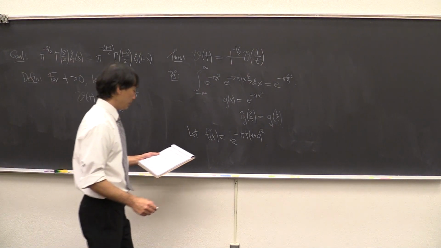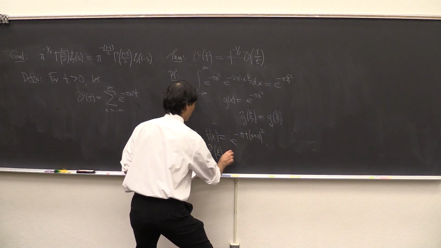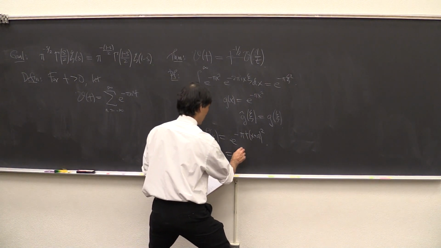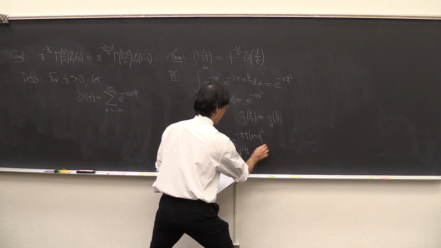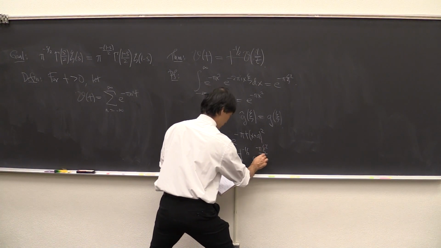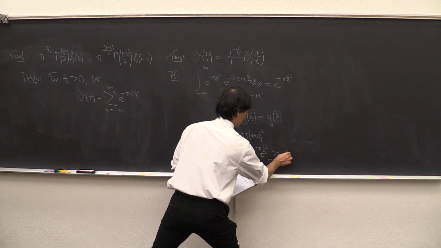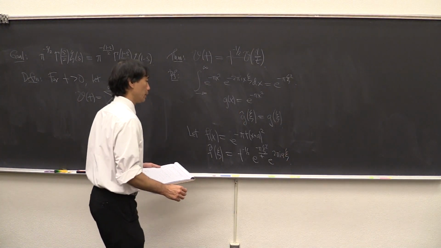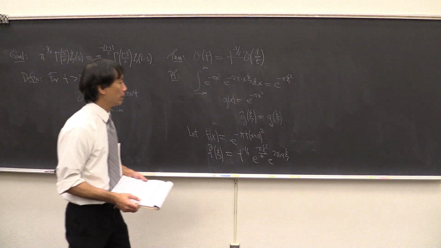Okay, and what we'll see is that the Fourier transform of that equals t to the negative 1/2 e to the negative pi c squared over t e to the 2 pi i c alpha.